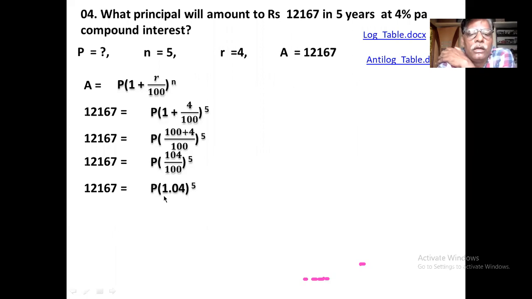You take the full bracket to the left hand side. What is the next step? Come on, anyone tell me. Divisible. If you take this bracket to the left hand side, what happens? Full bracket. Leave the P there.